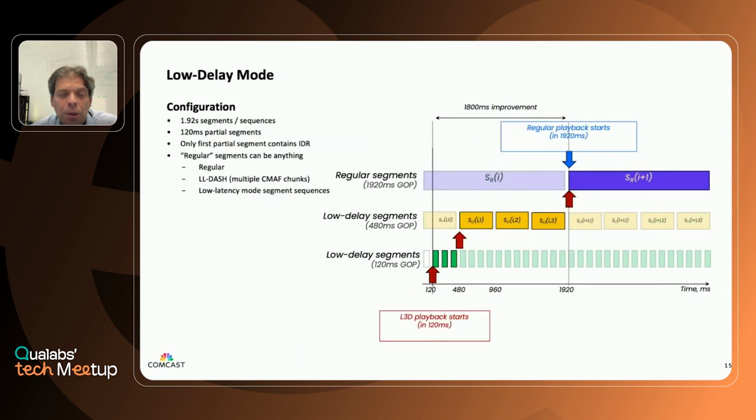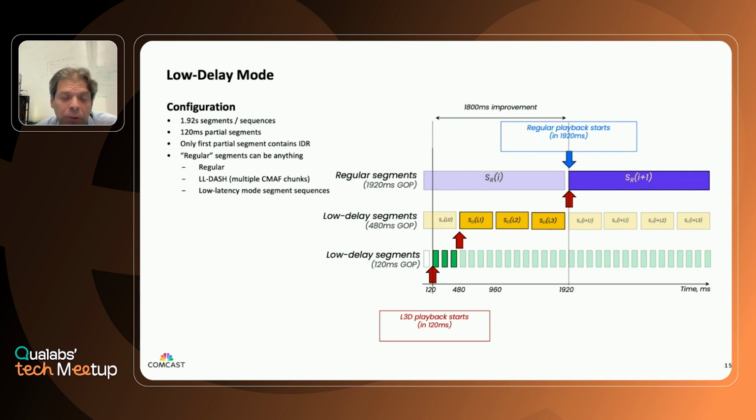Low delay mode. So we add 2 representations, both low delay. We have one that has 120 millisecond GOPs, so typically 6 frames, and we have 480, which are basically 4 times larger.